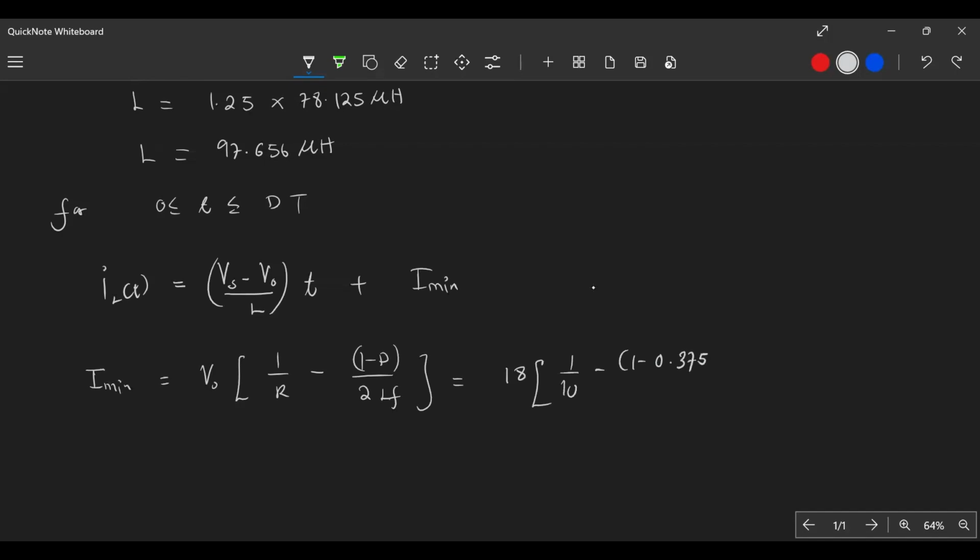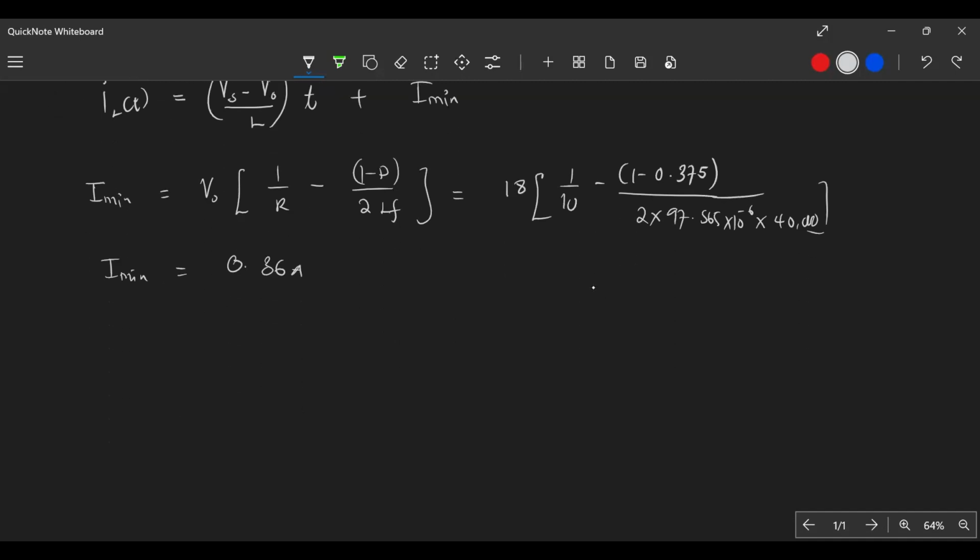And then we have 2 times the inductance, which is 97.565 microhenry times 10 to the negative 6, and then times the frequency, 40,000 hertz. If you calculate this properly, we're getting an Imin of about 0.36 amps.